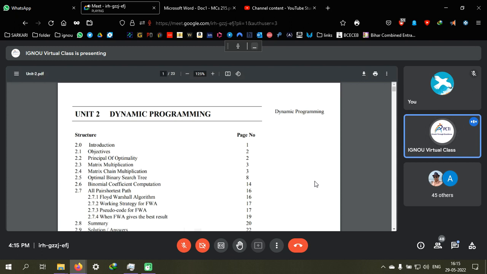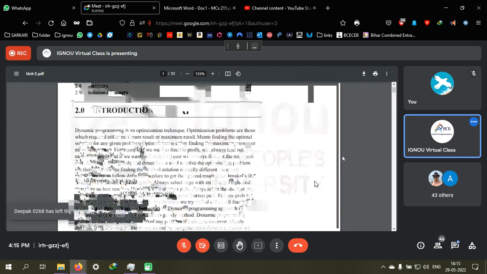So we'll start with principle of optimality. The dynamic approach is an optimal technique.